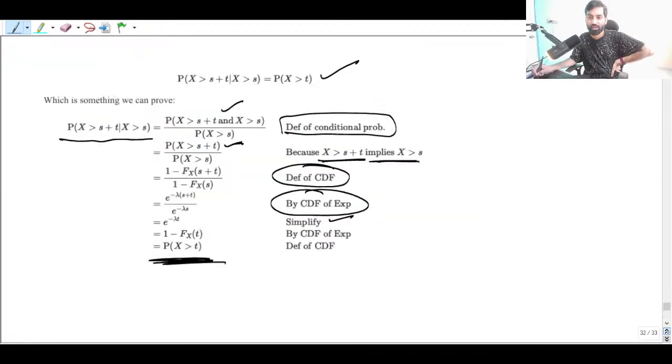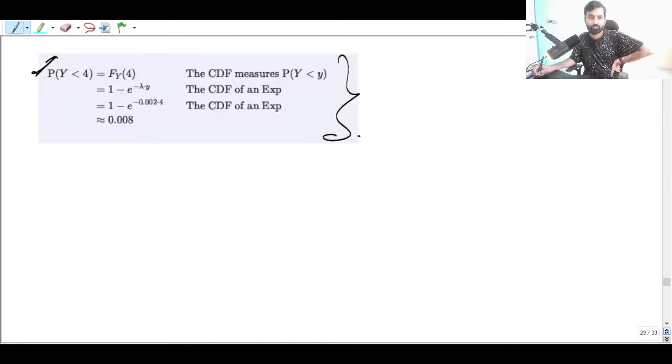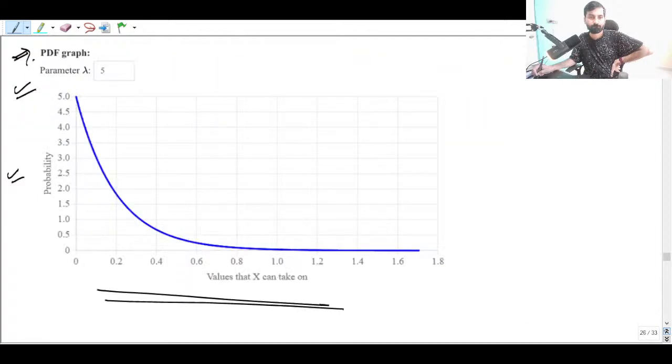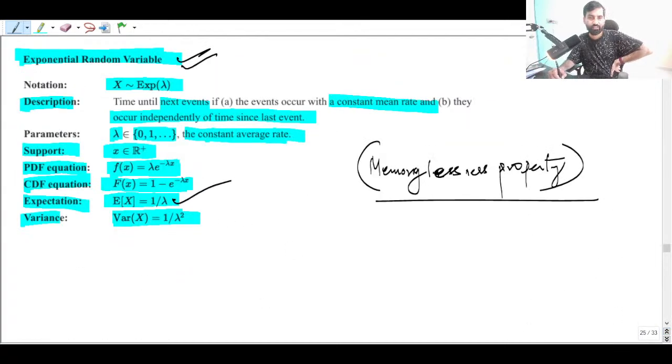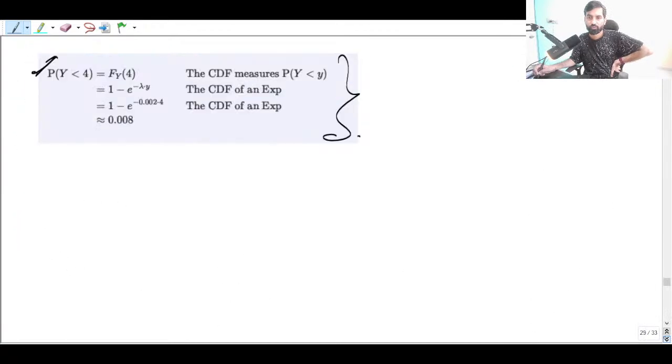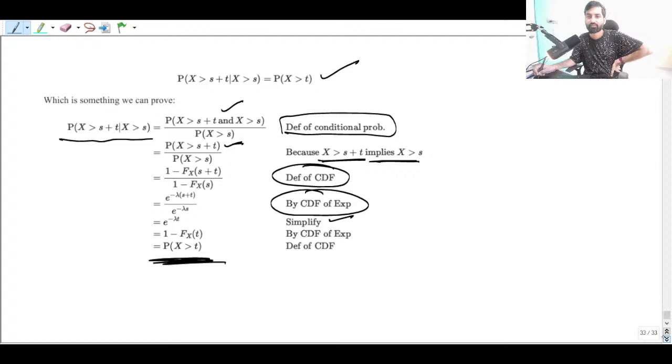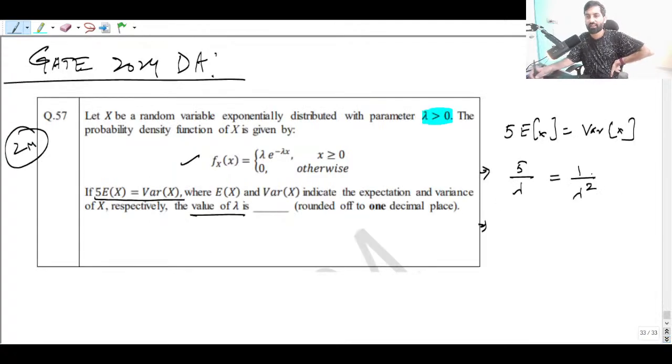You can recall it, I think I have told you. See, I have told you here: this is the expectation, this is the variance. You see, a 10-second question. So cancel lambda, lambda. So lambda you can say 1 by 5, I think, yes, 5 by lambda is equal to 1 by lambda square.